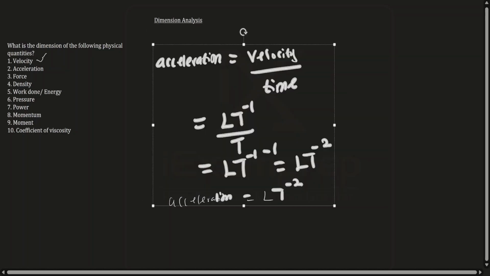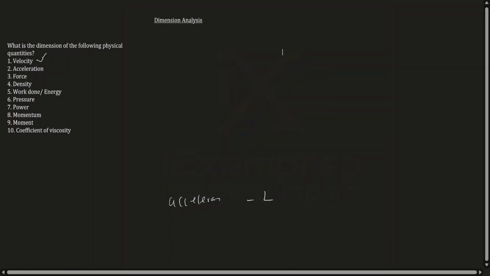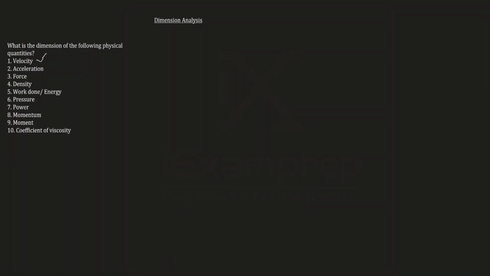Number 3, dimension for force. What is the dimension for force? We can only write dimension for force if we know the formula for force. The formula for force is mass times acceleration. So what is the dimension for mass? Dimension for mass is capital M. Acceleration is velocity over time.